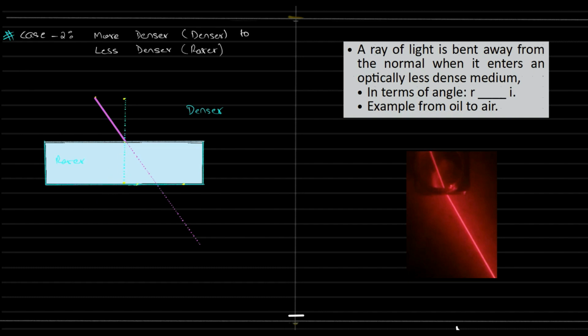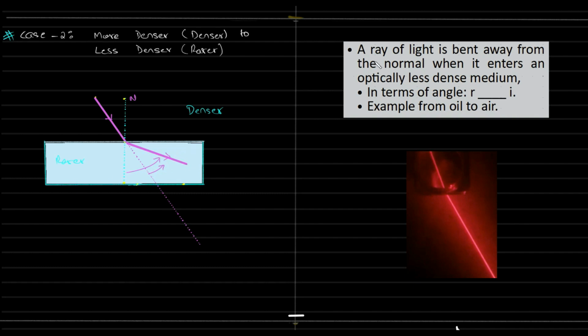What happens to this? This will bend, yes, away from the normal. Again, we are moving from denser to rarer. So this is your normal, and the ray will move away from the normal. So you can see it is going away from this normal.